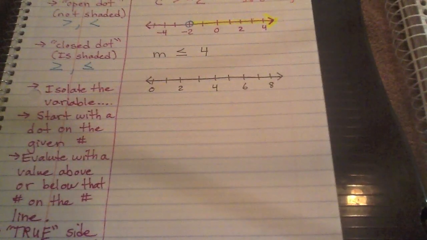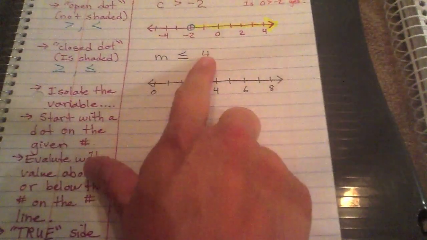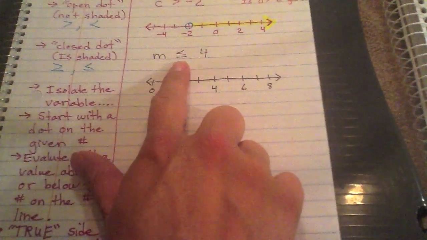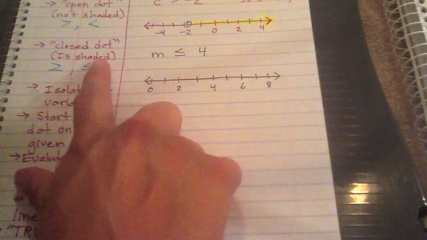Now you're going to do the same thing. Start at the number they gave you. So we're starting at 4. It's an "or equal to," so it's a shaded dot. So I put a dot at 4 and I close it in. That's a shaded dot.